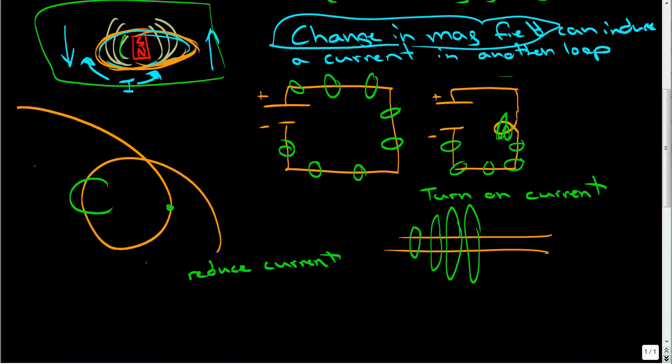So just as here, we saw that the only thing that matters is this changing magnetic field, and that will induce a current. So we have current flowing this way. When we reduce the amount of current, it's going to induce a voltage. So this is of course this direction and this direction for the current. And when this magnetic field line gets reduced, it's going to make this, it's called a back EMF.